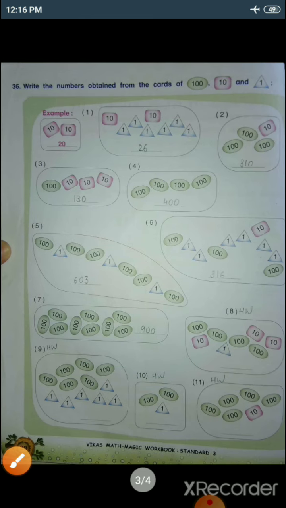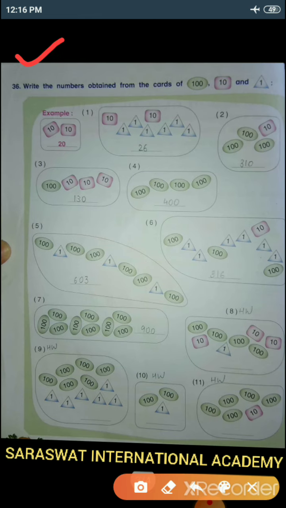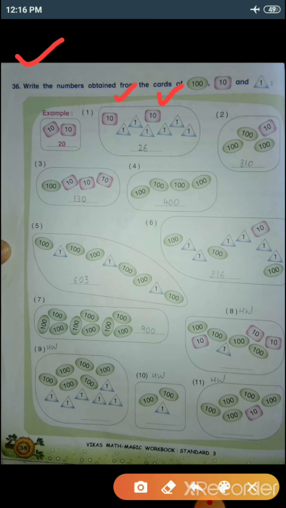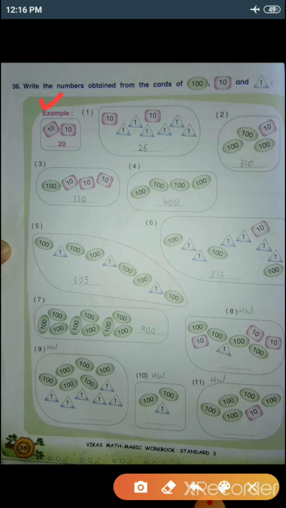In question number 36, we are given the box form, triangular form and circular form, and we need to count the total number shown. Let's see the example first.